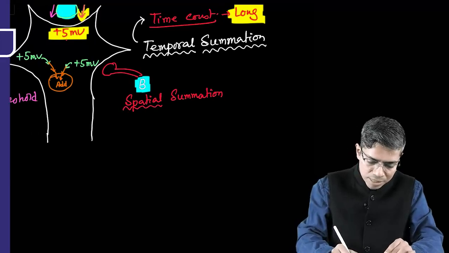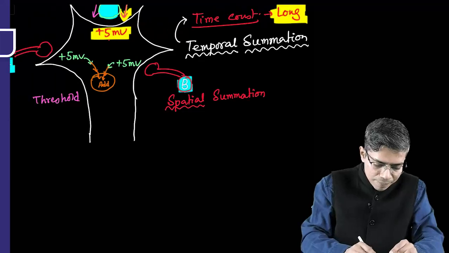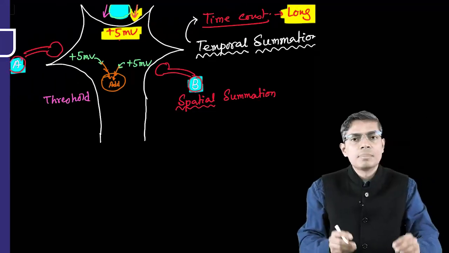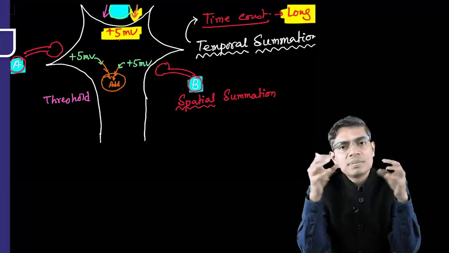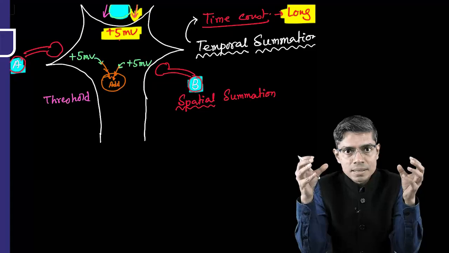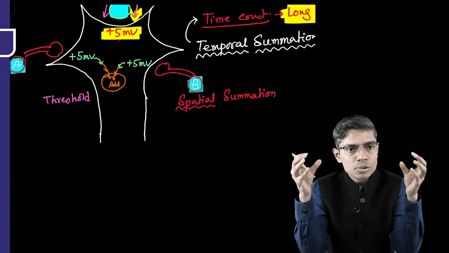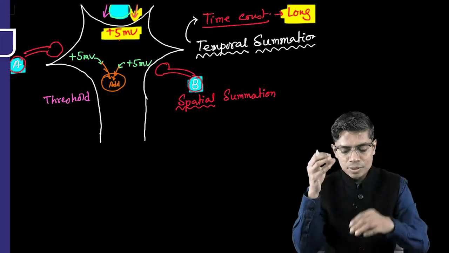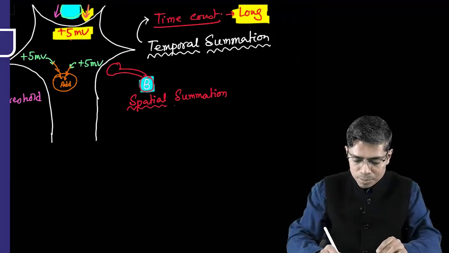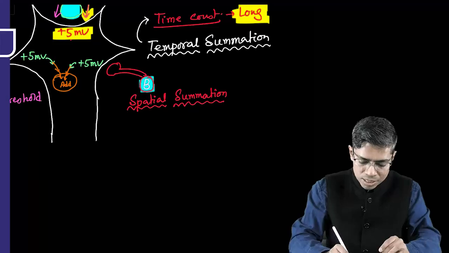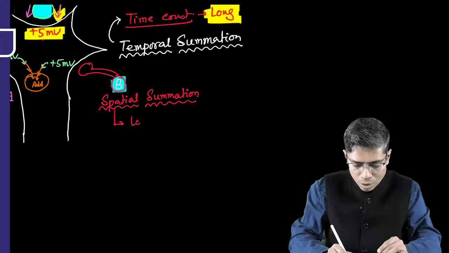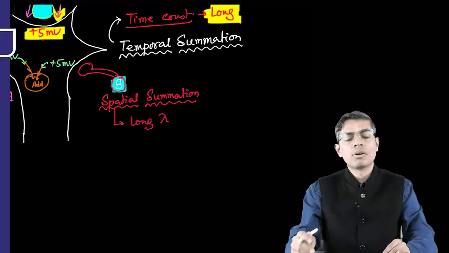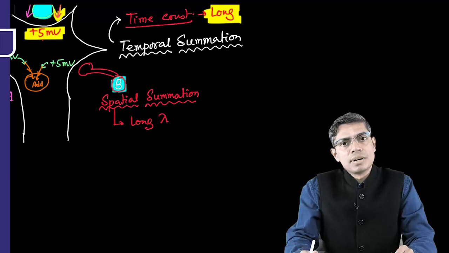So neuron B and neuron A make synapses on two different spaces on the cell body, two different areas. So the summation between two different spaces is why this kind of summation is known as spatial summation. For the requirement of spatial summation, you require a long lambda or long length constant.